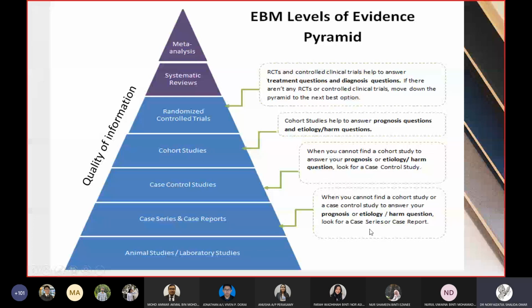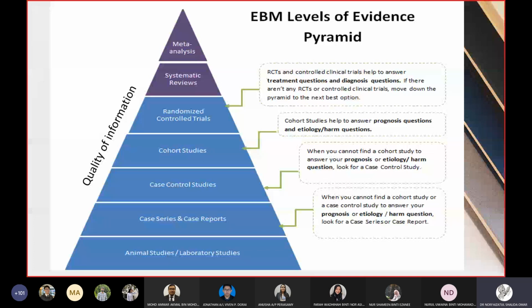So when you look for a study, you start from the very top, and look for a meta-analysis. If you cannot find a meta-analysis paper, search for systematic reviews. Okay, just like the example that I gave just now on Cochrane systematic reviews. Yes, that is the highest that you can find.